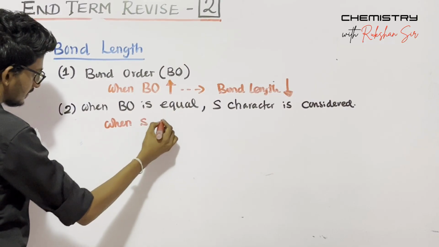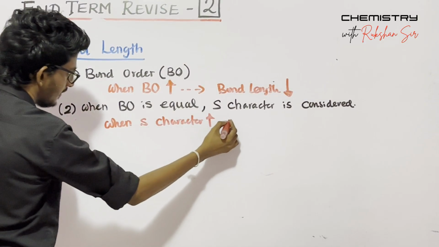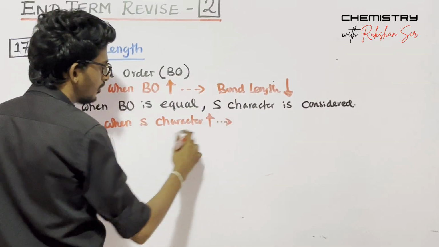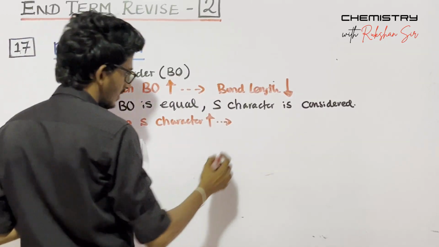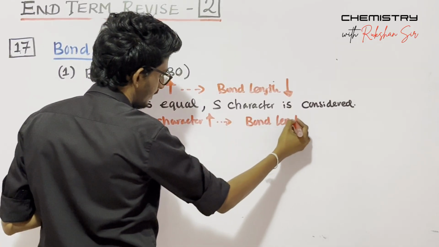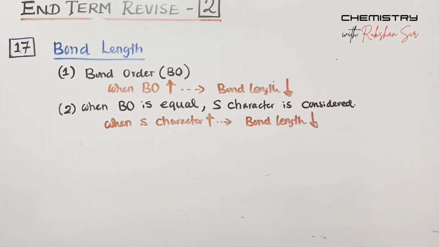When S character is high, that means your orbitals are closer to your nuclei. So when S character is high, your bond length is small. Those are the two things to consider here.